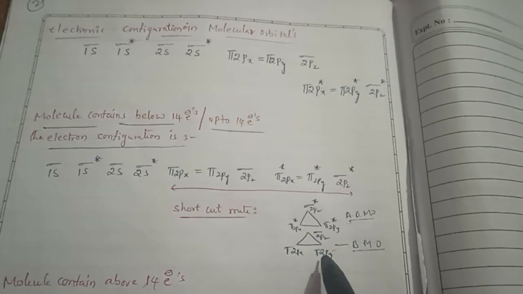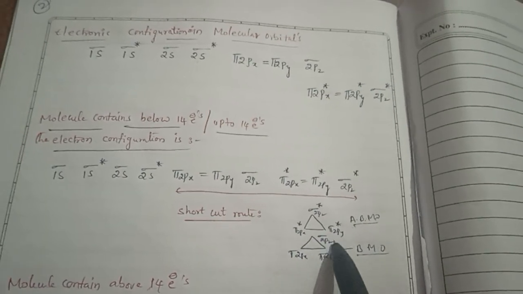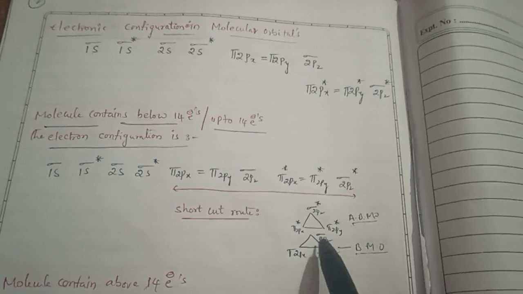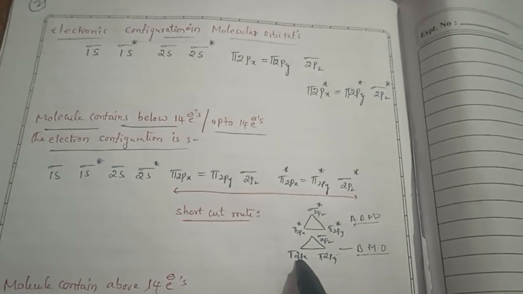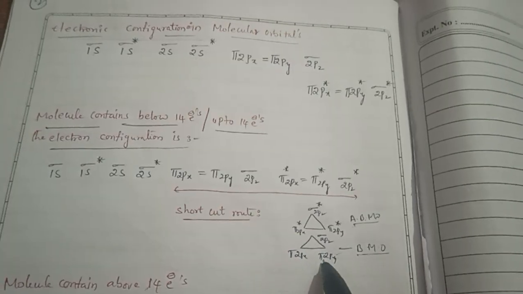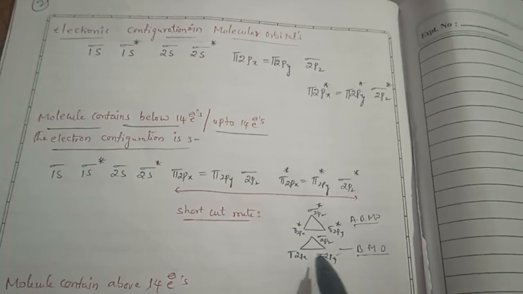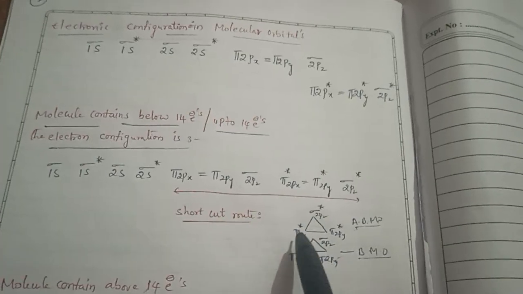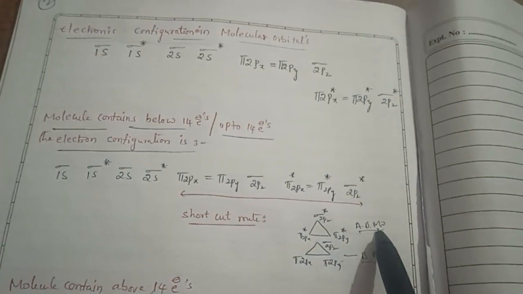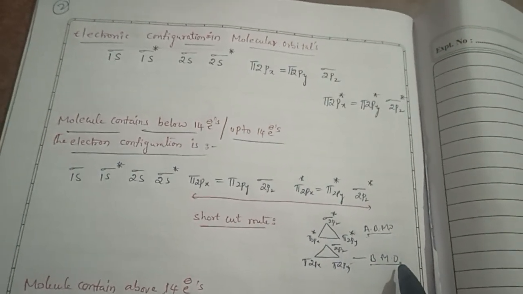That's why pi 2px and pi 2py are at the bottom stage, and sigma 2pz is single. As written, this triangle is also indicated with a star. These are anti-bonding molecular orbitals, and this is a bonding molecular orbital.